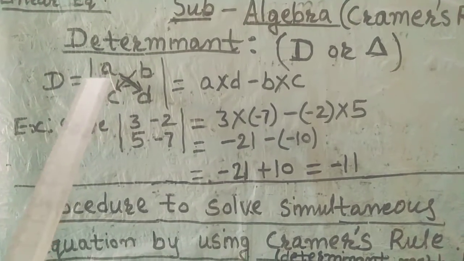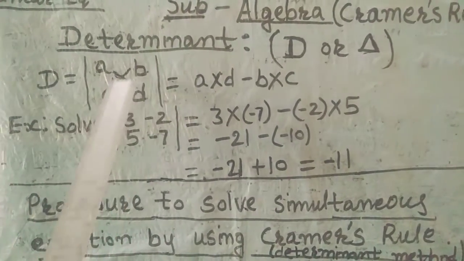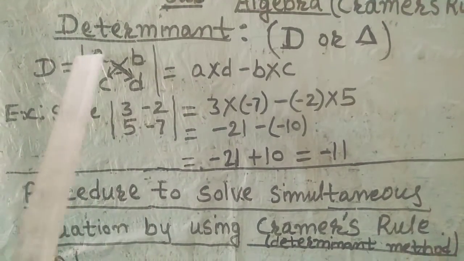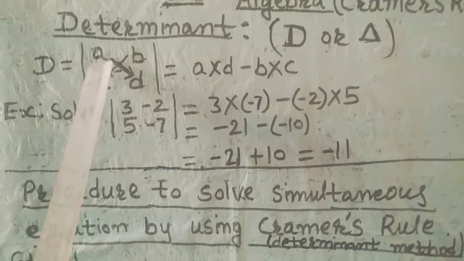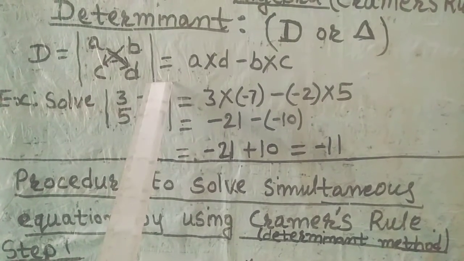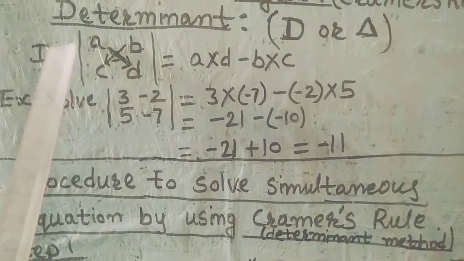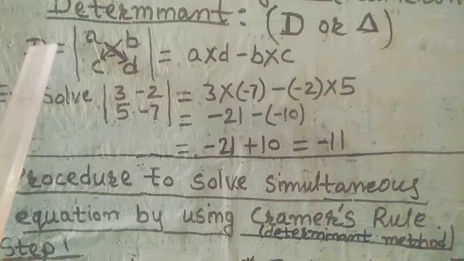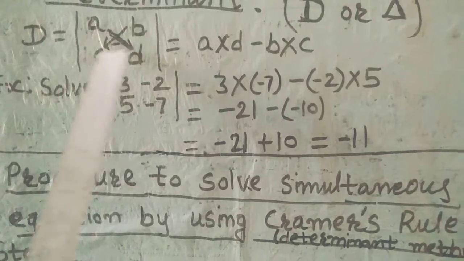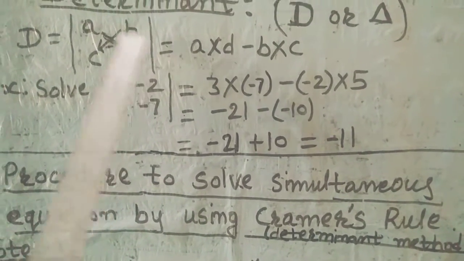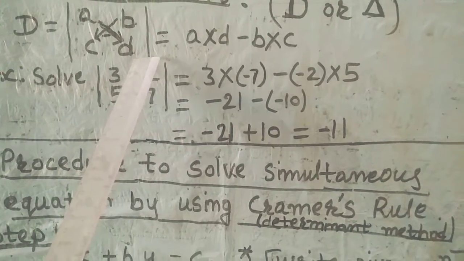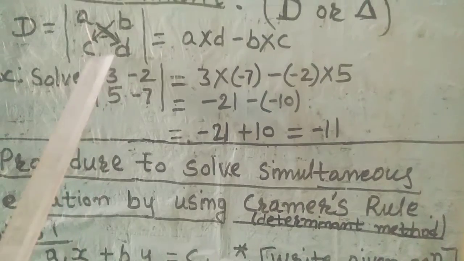A determinant is the arrangement of elements along the rows and along the columns in vertical bars. How to solve a determinant, the value of a determinant: consider the determinant with elements a, b, c, d. Then the value is a multiplied by d minus b multiplied by c.